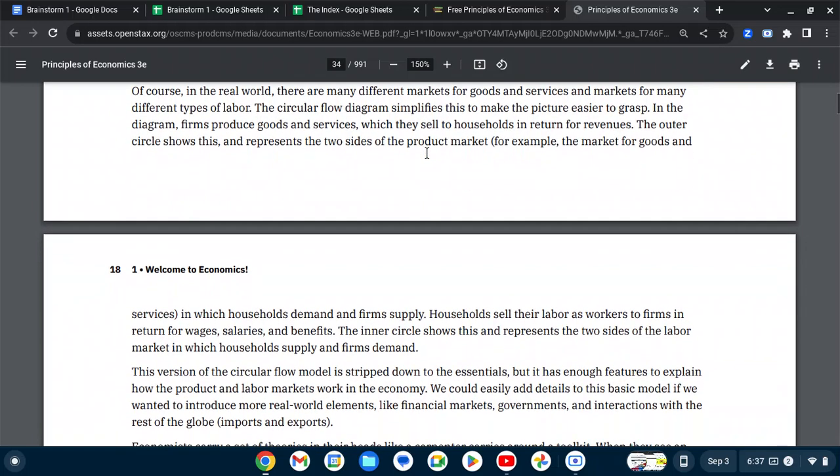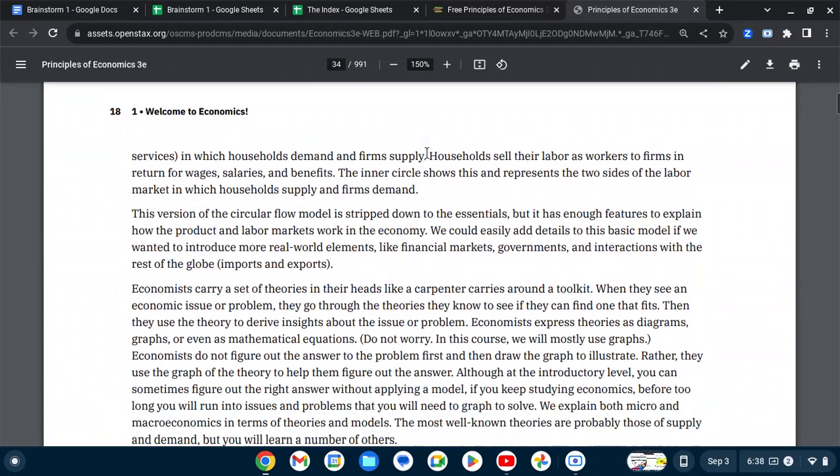Of course, in the real world, there are many different markets for goods and services and markets for many different types of labor. The circular flow diagram simplifies this to make the picture easier to grasp. In the diagram, firms produce goods and services which they sell to households in return for revenues. The outer circle shows this, and represents the two sides of the product market in which households demand and firms supply.